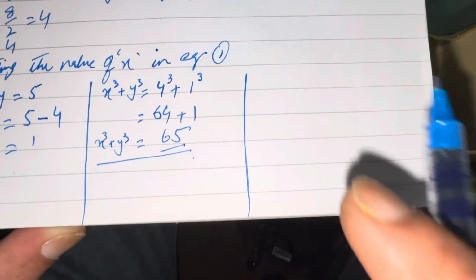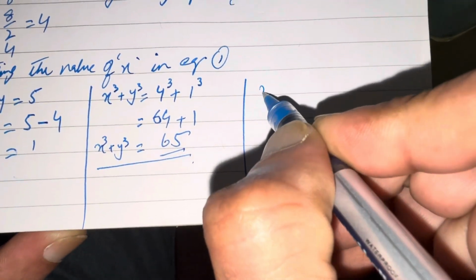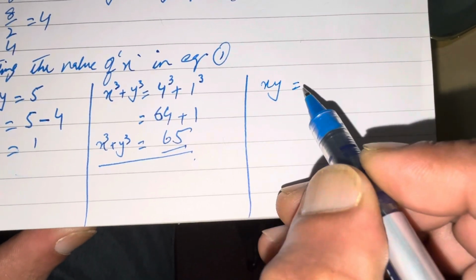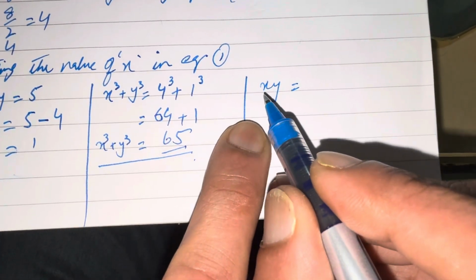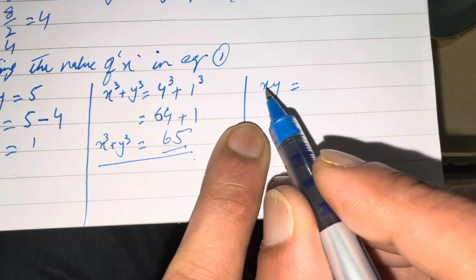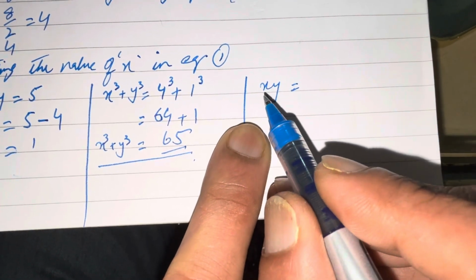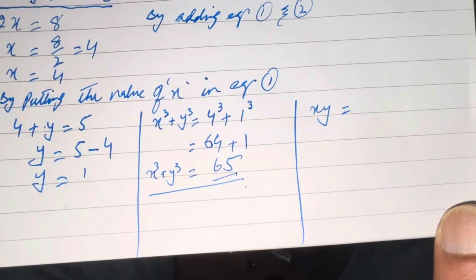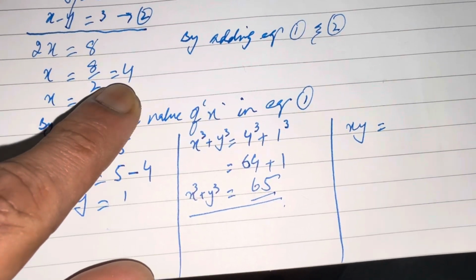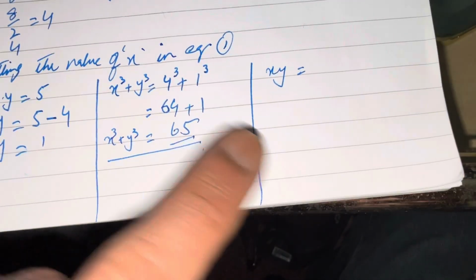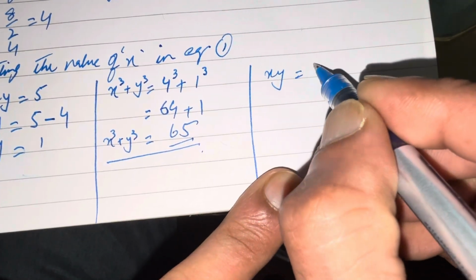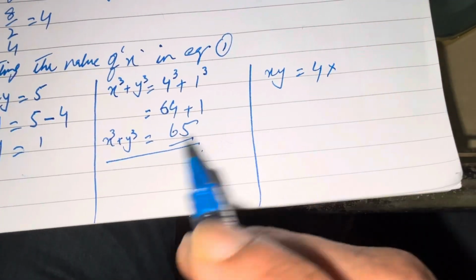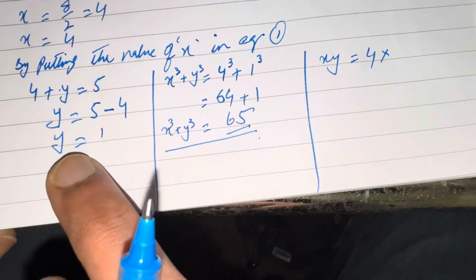So xy will be equal to, we are going to put the value of x and y in this expression. The value of x we have already found is equal to 4. So 4 multiplied by the value of y, which is equal to 1.